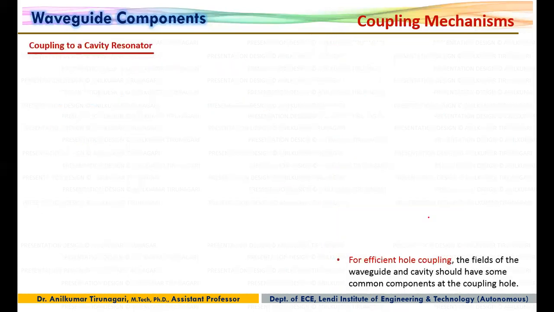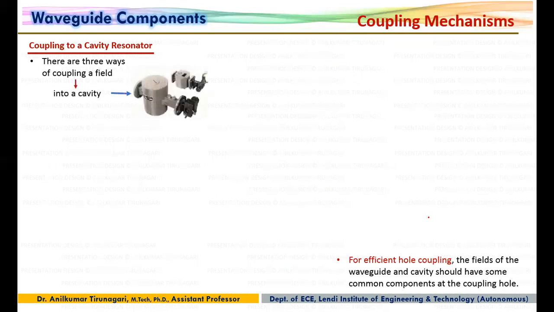Coming to the next mechanism, until then we have seen the coupling to the waveguide. Now the other device is the cavity resonator. It is nothing but a conversion of a waveguide to a cavity resonator by closing the opening ends. For the cavity resonator, we have three types of coupling of a field into a cavity. This is a particular cavity resonator structure.